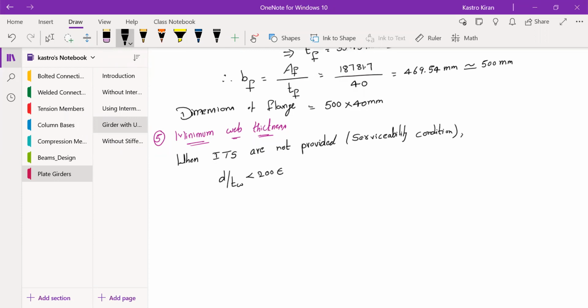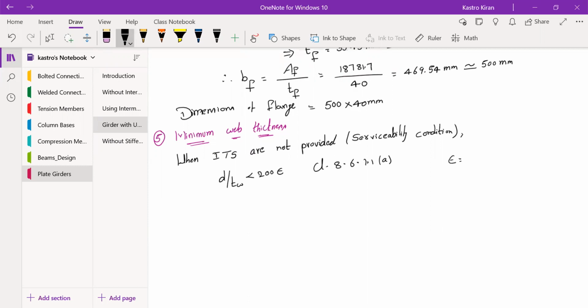So where is this coming from? It is coming from clause 8.6.1.1a. If you refer to this clause, when intermediate transverse stiffeners are not provided, based on serviceability requirement, the ratio of d by tw should be less than 200 times epsilon.